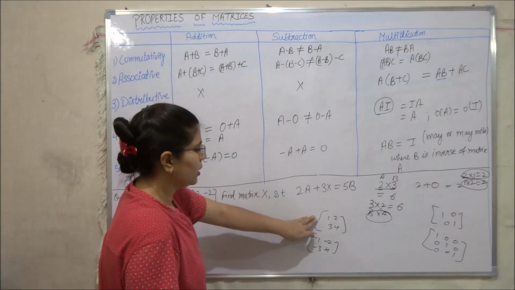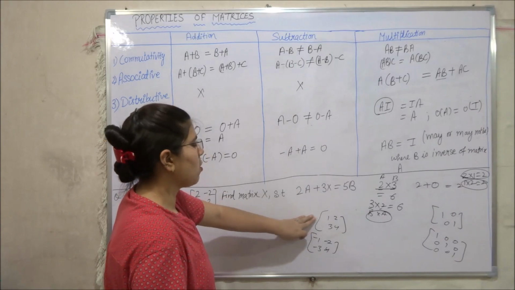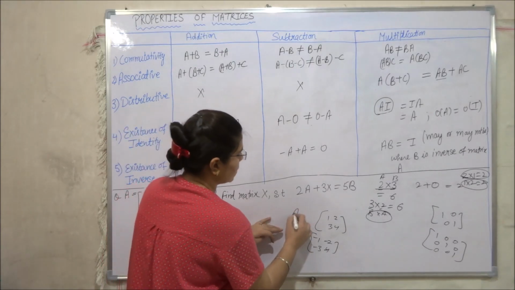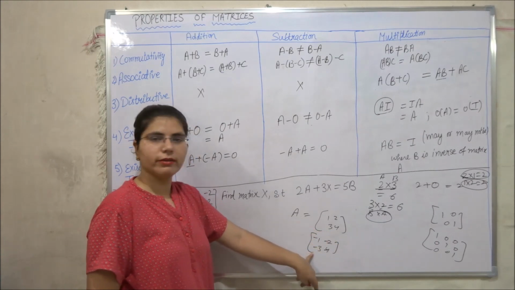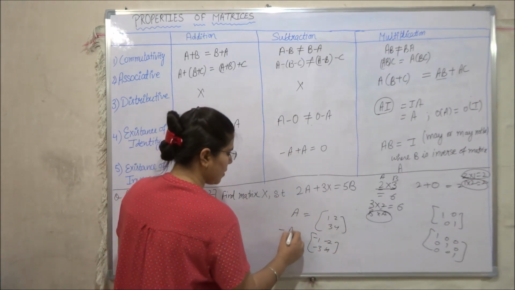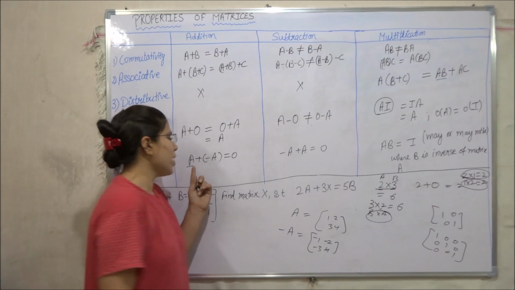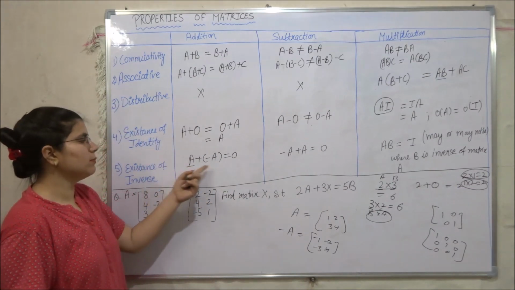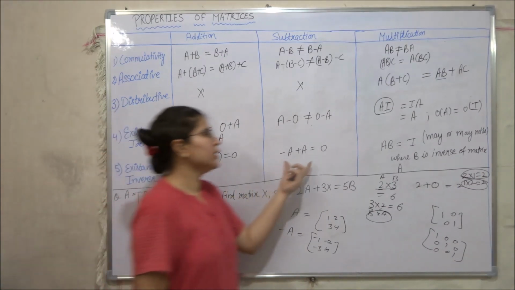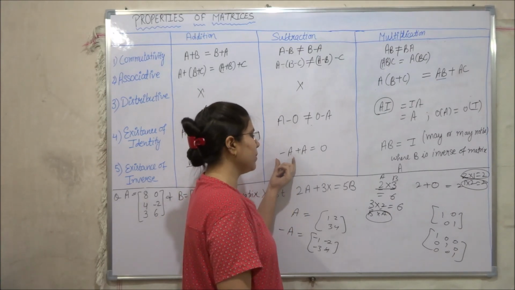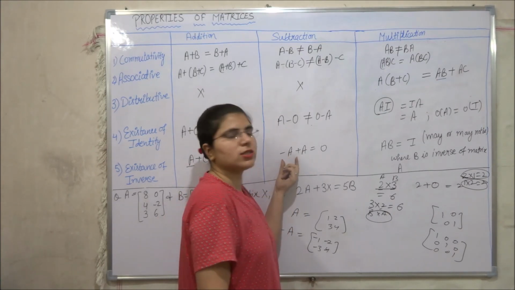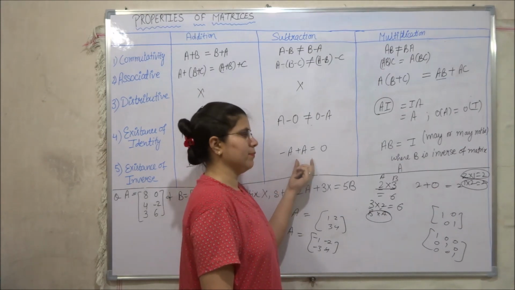So the additive inverse of A, if we suppose this is matrix A, will be this, denoted as minus A. So the additive inverse under addition will be minus A. In case of subtraction it will also be the same: the additive inverse of minus A will be A.